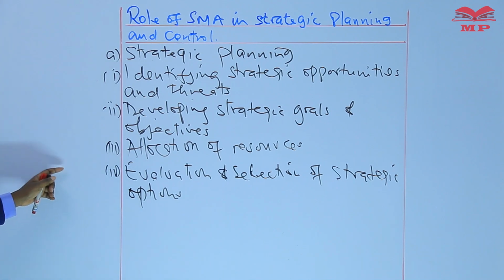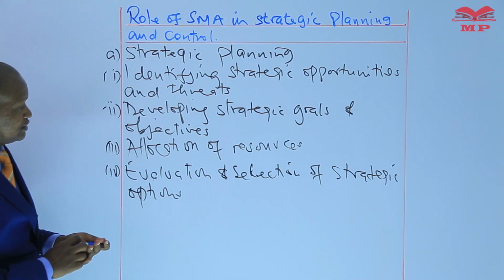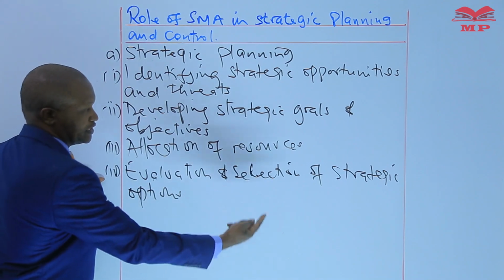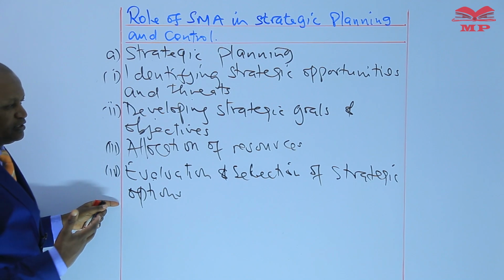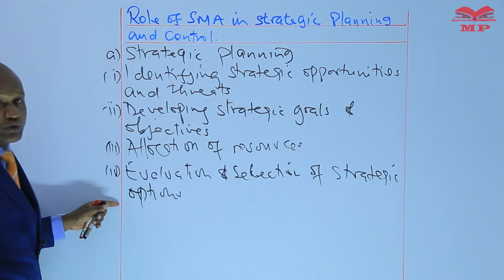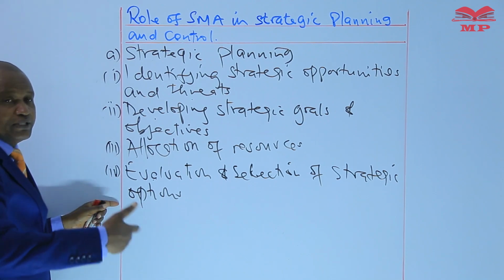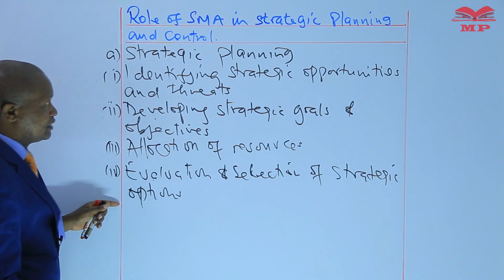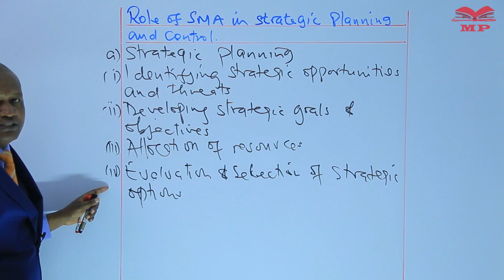By now, candidates, I know you appreciate that strategic planning is a process, and within this process there are various steps, one of which is evaluation and selection of strategic options. When the company wants to evaluate or select strategic options, this could be long-term investments, investment in long-term assets and so on. Then strategic management accounting will come in handy. Why?